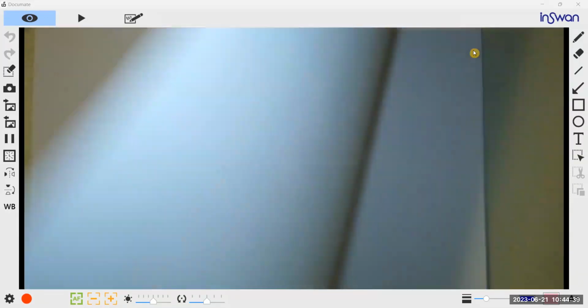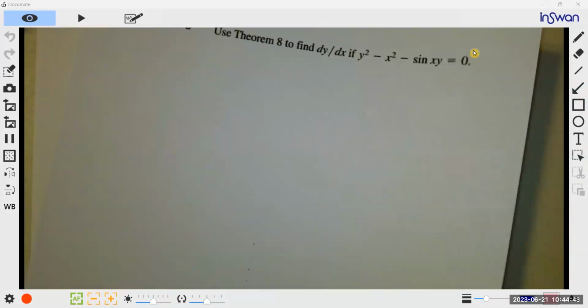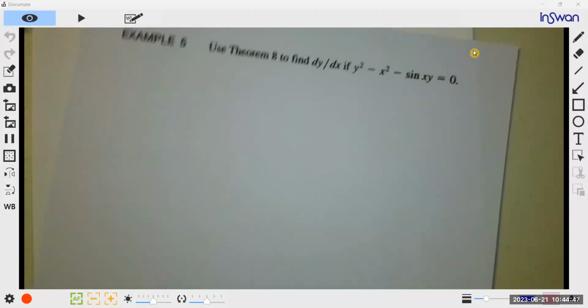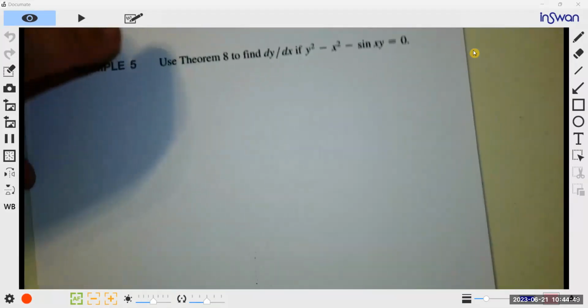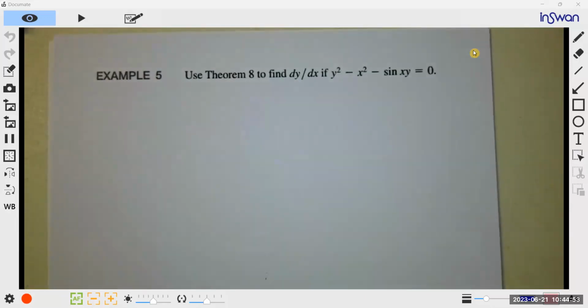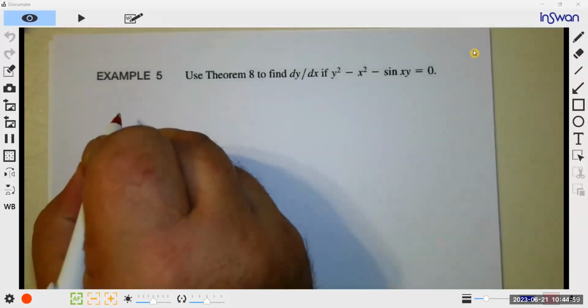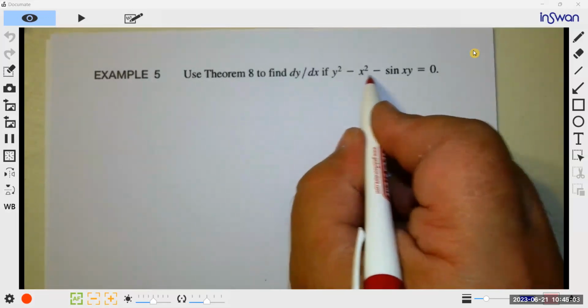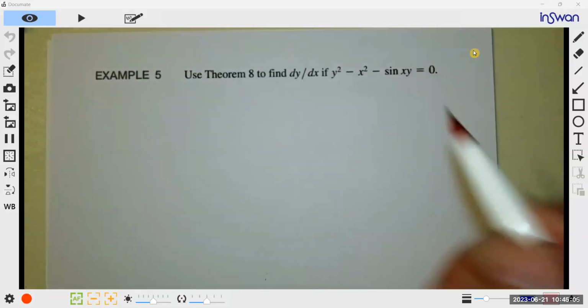Let's take an example here. Theorem 8 is what we just said. Find dy/dx if x squared minus y squared minus sine xy equals 0.